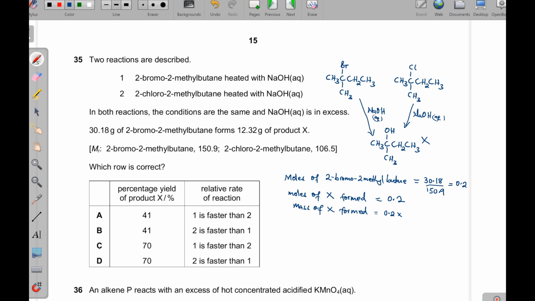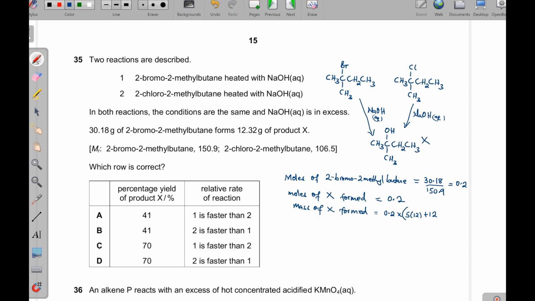So what is the MR of X? How many carbons do we see here? 1, 2, 3, 4, 5. So 5 times 12, then plus hydrogens, these are 3, and that will be 5, then 8, 11, and then 12.